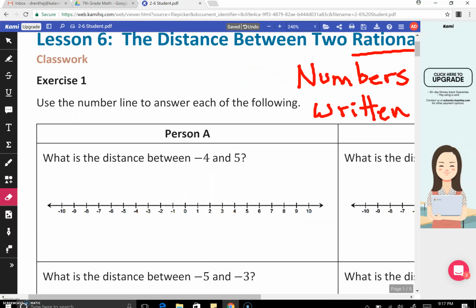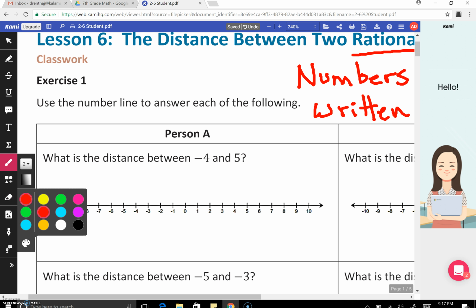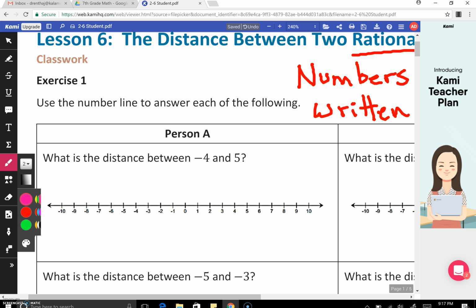All right, you should have your classwork in front of you, and we're going to kind of work through this together. I'll do one, and you guys will do one, and we'll work our way through the video. So, exercise 1 says use the number line to answer each of the following. So I'll be person A, and you will be person B. So if we look here at the first one for person A, it says what is the distance between -4 and 5? So what you would do to solve that, it could seem pretty simple.